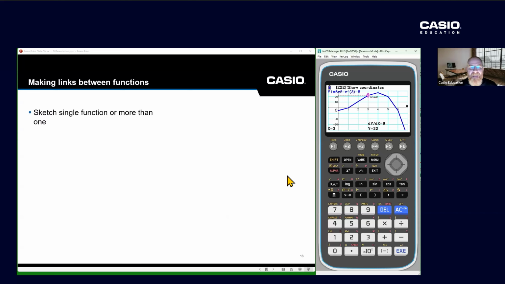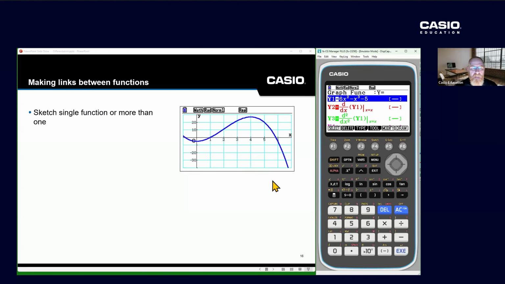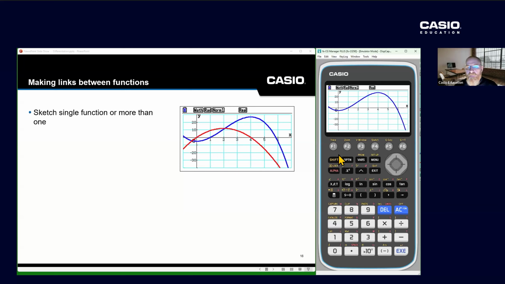Let's have a go at sketching just a single function. So let's go to menu. We're just going to draw the position function. So let's deselect those. So you can see the equal sign no longer highlighted, so it's deselected. And then when I sketch, I just get the single graph. Okay. I could draw both of them if I wanted to.